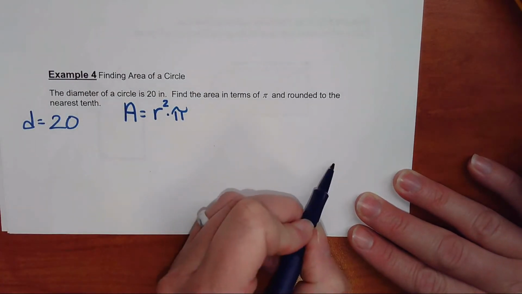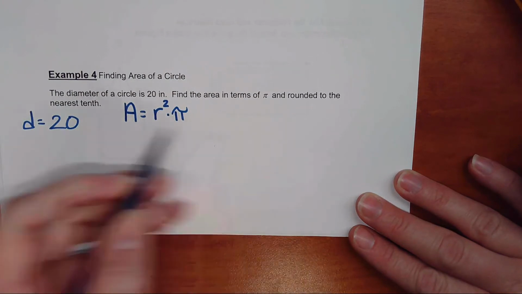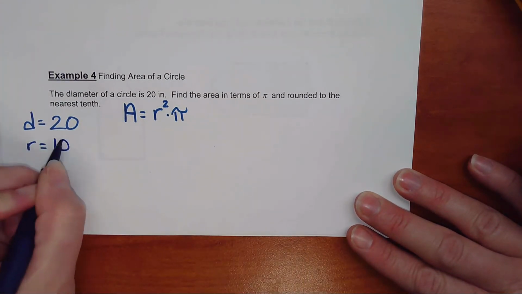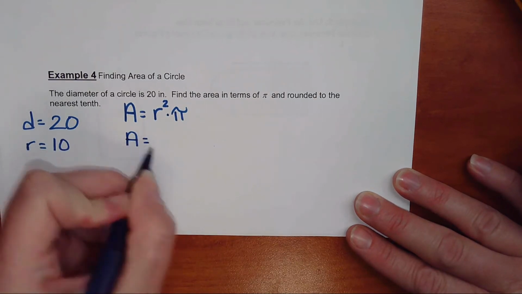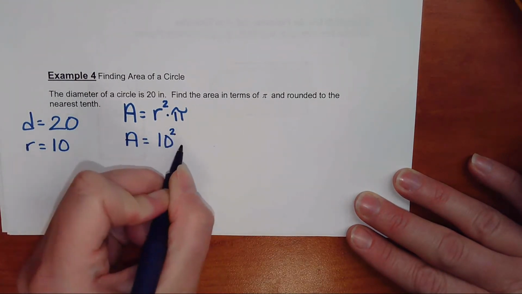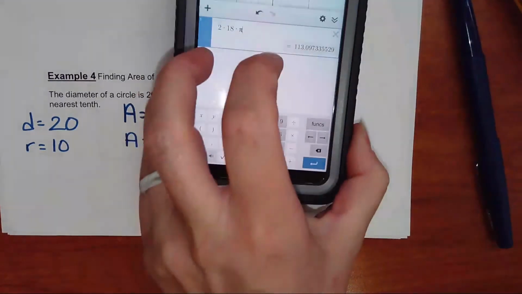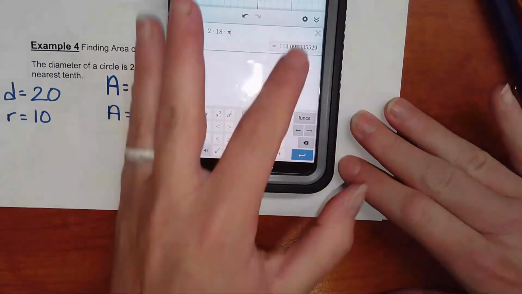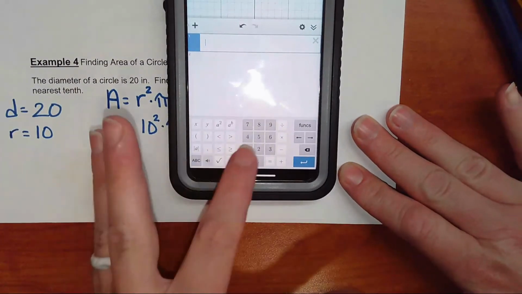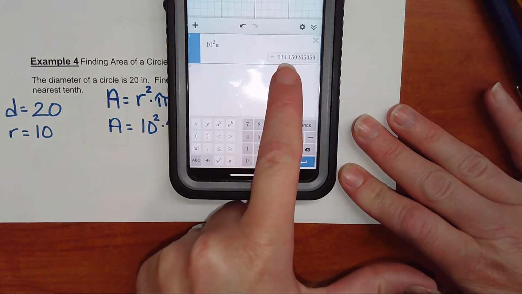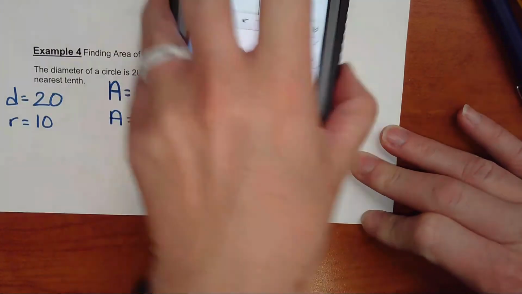Well, the diameter is all the way across a circle. We only want to know what half that length would be, so half of 20 is 10. So my area formula is going to be 10 squared times pi. So let's see, we take 10 squared pi. And I get 314.2.